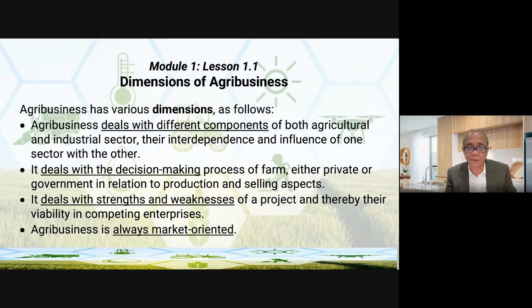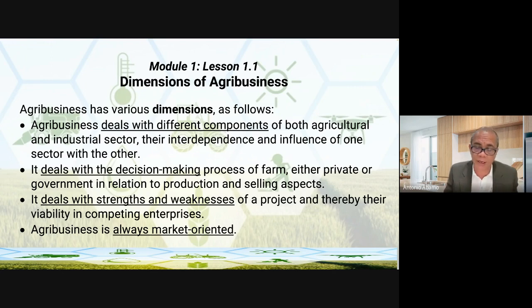Agribusiness also deals with the strengths and weaknesses of a project, and thereby the viability of the competing enterprises. In other words, agribusiness is also looking at what trade-offs and opportunities exist, so that by looking at that, you will examine which one is the strength and which one is the weakness.